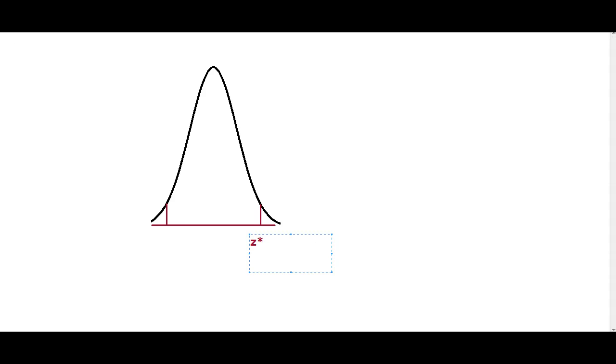Makes sense? And I know this area is how much? 95%, right? Now, I want a value on this scale, which your calculator will give in terms of inverse norm, right? And inverse norm is for percentile, right? And for percentile, what do you need? The area to the left of this value.